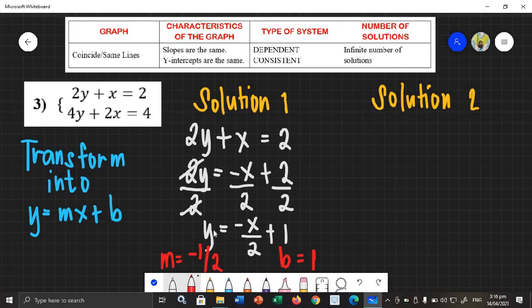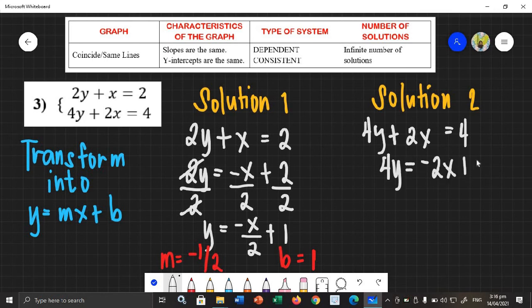Okay? And then on the second linear equation, we have 4y plus 2x equals 4. Transpose natin si 2x, we have 4y equals negative 2x plus 4. And then divide natin whole equation by 4 para ma-cancel out yung coefficient ni y. So we have y equals negative 2x over 4 can be simplified as negative 1/2 x, no?